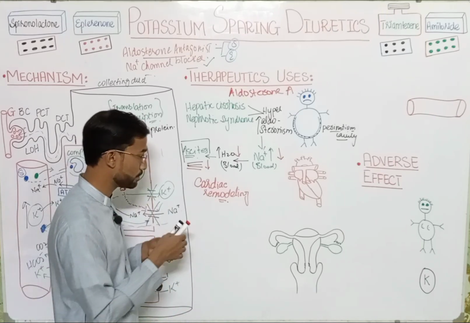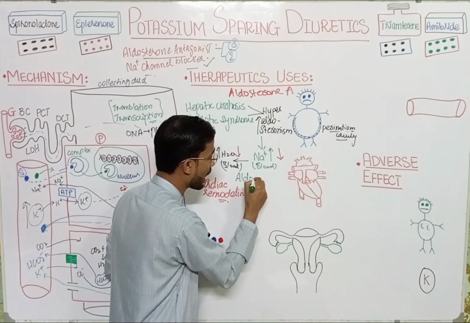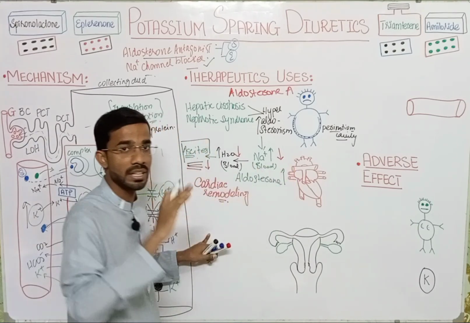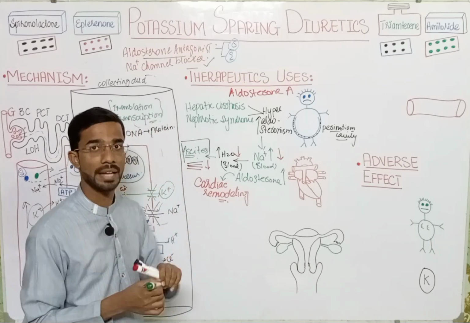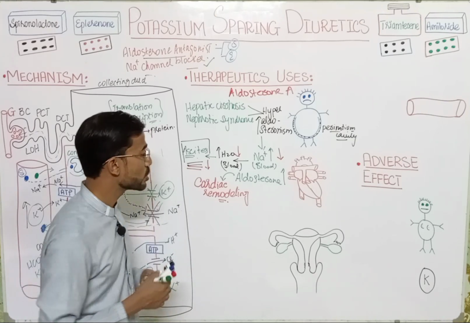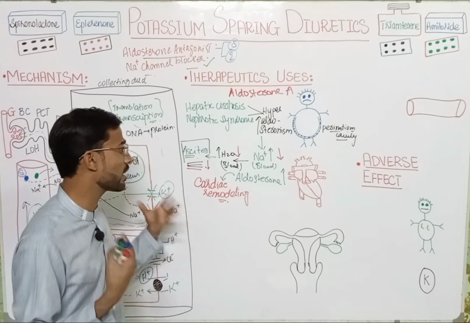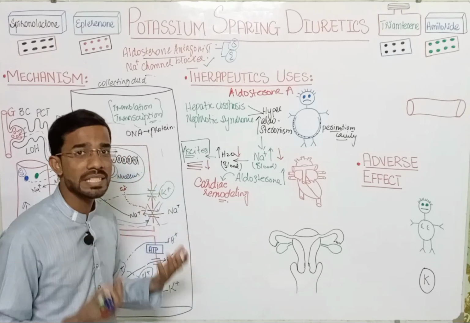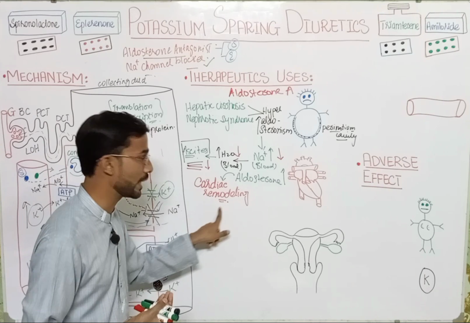So in that situation, if the concentration of aldosterone increases in the body, then it causes cardiac remodeling, like cardiomegaly and cardiac failure. So if someone wants to treat cardiac remodeling, then we should decrease the concentration of aldosterone, which is the primary cause of the cardiac remodeling.